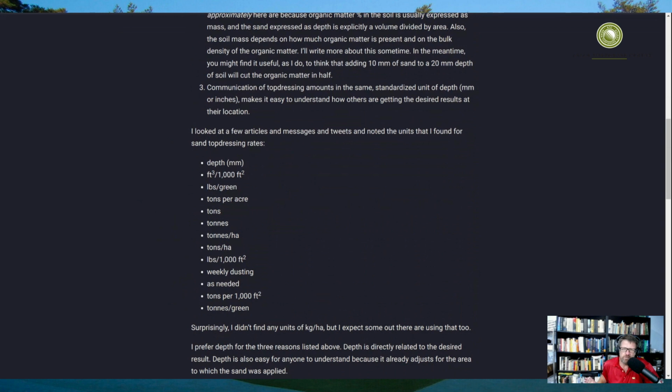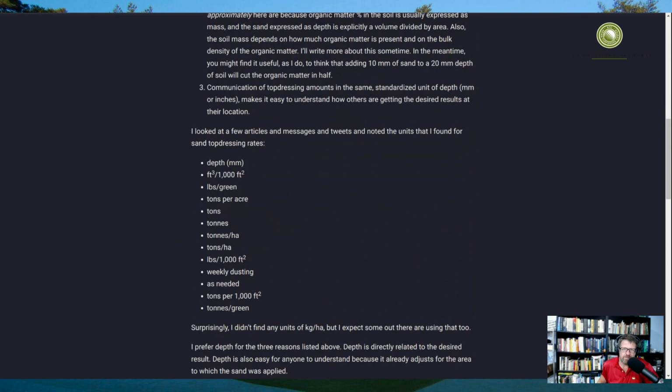many of you will be familiar with the recommendation from the United States, the USDA Green Section from the early 2000s, about 22 years ago. They published a few articles about organic matter management and top dressing and core aeration for the 21st century.